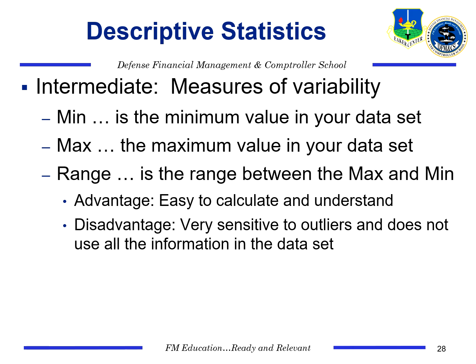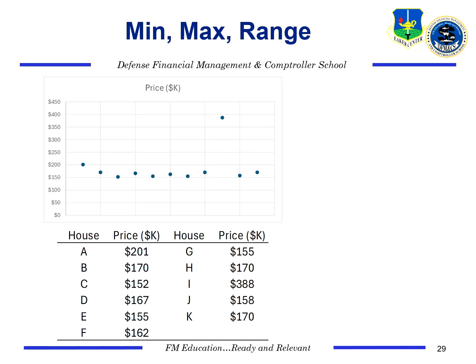Now we're going to go over the minimum, the maximum, and then the range. If we look at our graph, it's pretty easy to find our maximum. It might be harder to find our minimum using the graph, but if we go through our data set, we can see that the minimum is going to be 152, and on the graph it'll be right there.